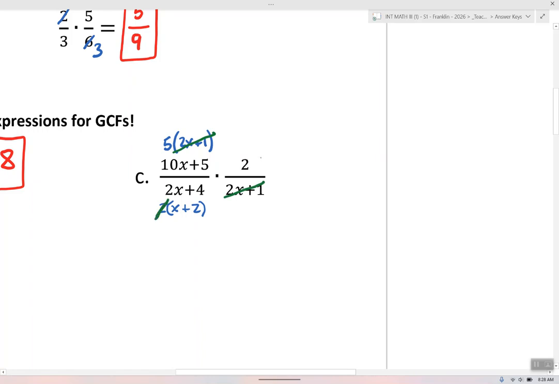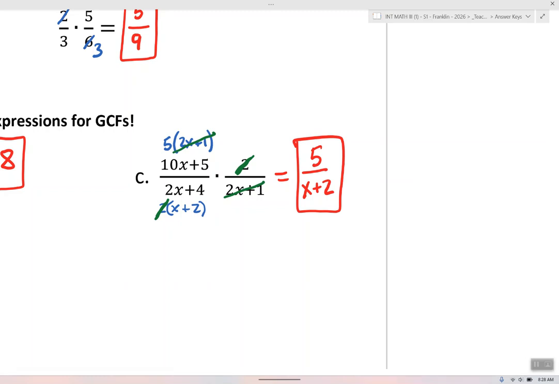This 2 will cancel with this 2 up here. So that entire second fraction is reduced away. And we're left with 5 over x plus 2. Right, 5 times 1 on top, and then just the x plus 2 on the bottom. That would have been a lot harder to reduce or simplify after multiplying because I would have had a larger, like a trinomial on the bottom. And so doing it ahead of time can really help.